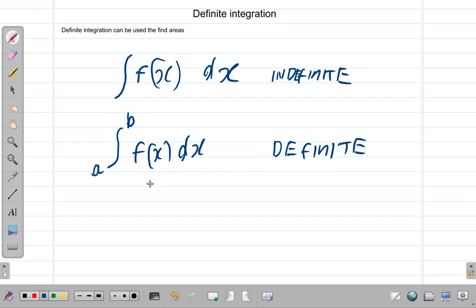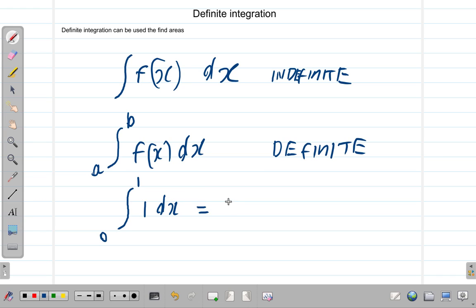Now, let us say that you are going to integrate a function, and that function is 1. You integrate the function 1 from 0 to 1 with respect to x. What does that mean? Here, you're going to integrate 1 with respect to x.